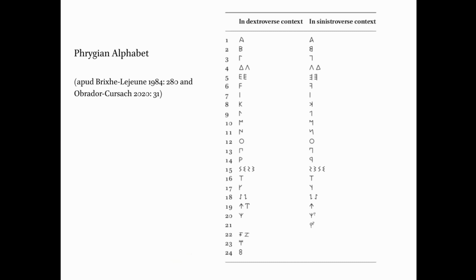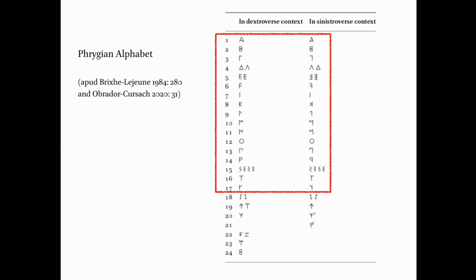So this is the Phrygian alphabet. I think a large part of it is quite familiar to almost everybody here, because more than two thirds of it consists of the familiar letters of the Greek alphabet, corresponding more or less exactly, with some slight differences, as for example in delta, which is sometimes baseless.